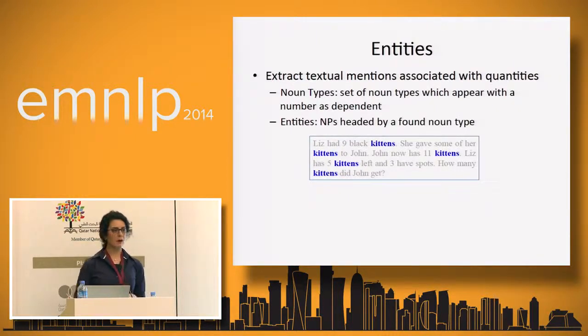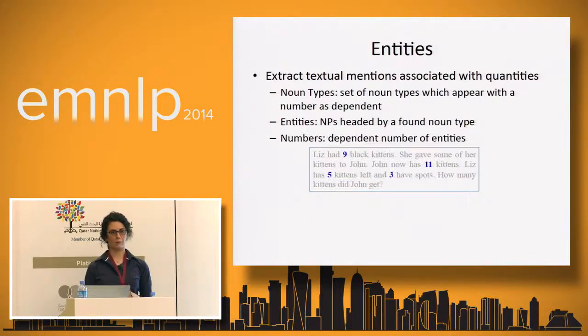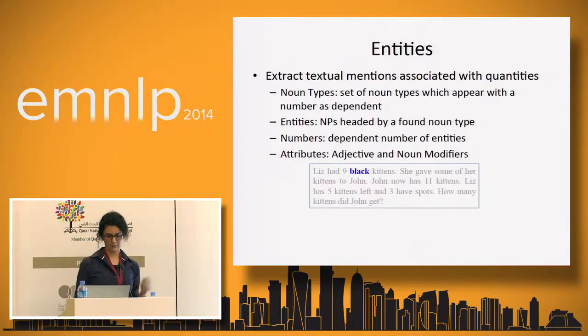We basically run deterministic rules on top of an output of a dependency and a constituency parser. In particular, we select entities as noun types that are modified by a number in our story, like a kitten in here. Then we extract the quantities that are associated with these entities, like 9, 3, 11, and 5.